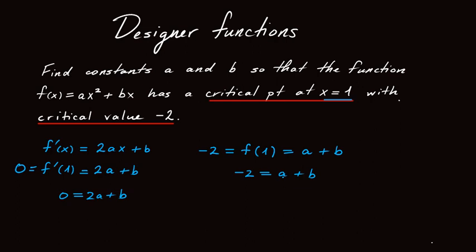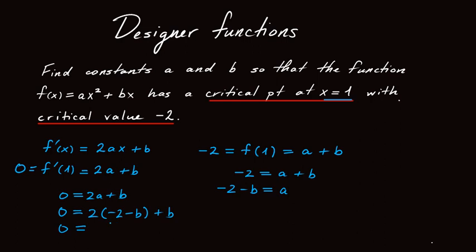I could, for example, solve this equation for a by subtracting b from both sides. I get minus 2 minus b, so a is equal to minus 2 minus b, and substitute that into the other equation to get 0 equals 2 times, and then a is minus 2 minus b, plus b, and then I can solve this for b.